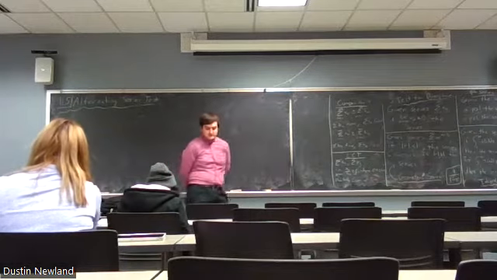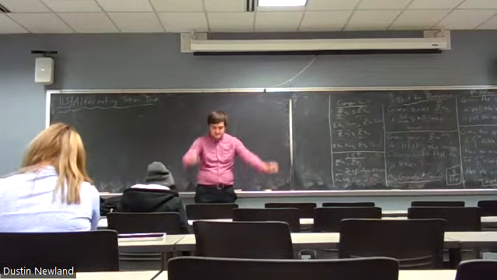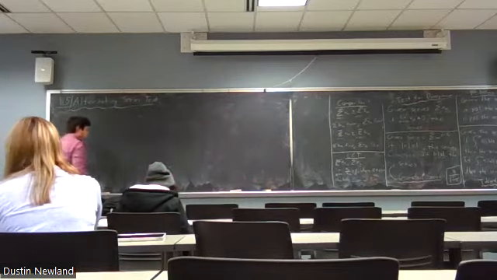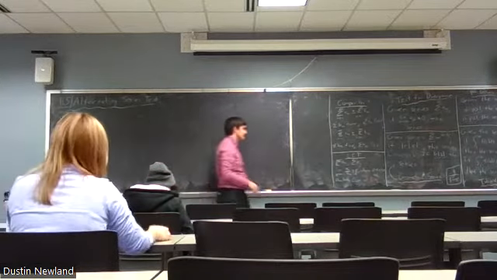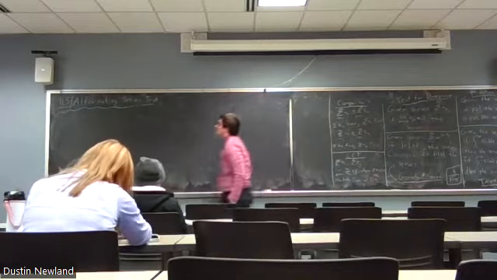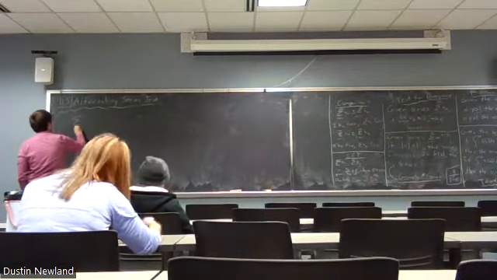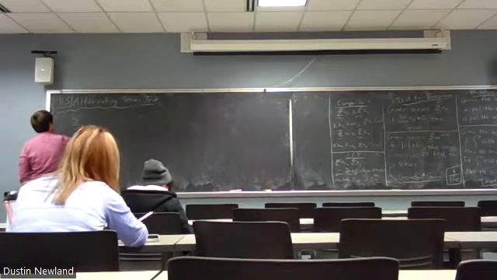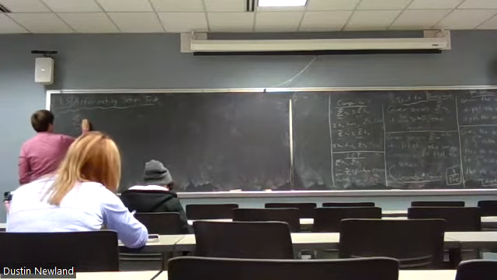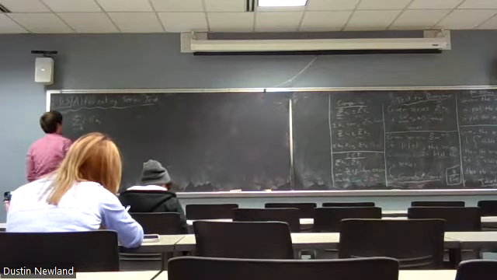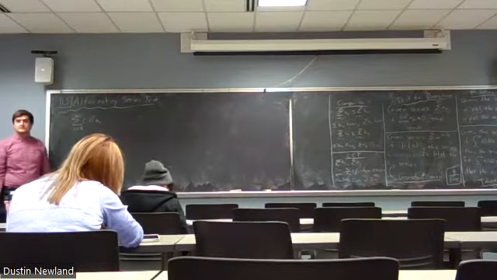Now, alternating series. What do we mean by alternating series? When we talk about alternating series, we're talking about a series which looks like -1 to the n times an.